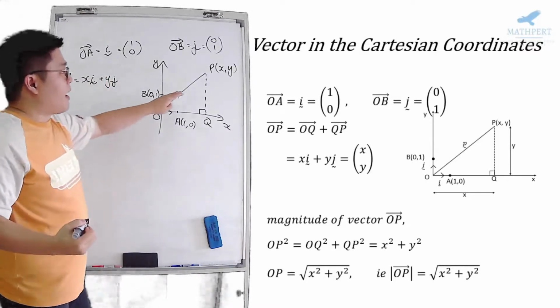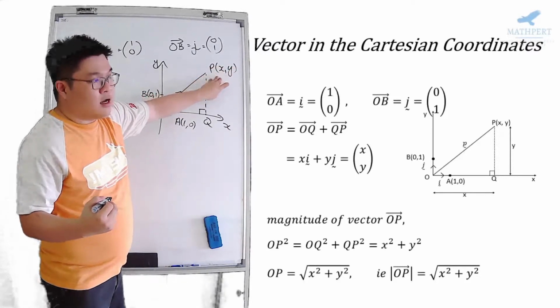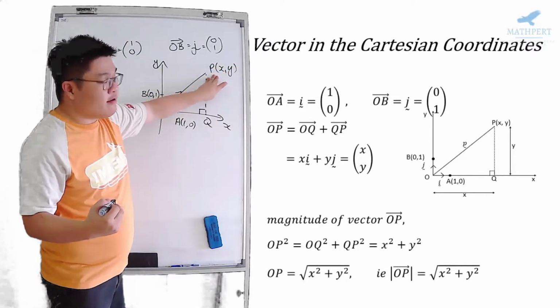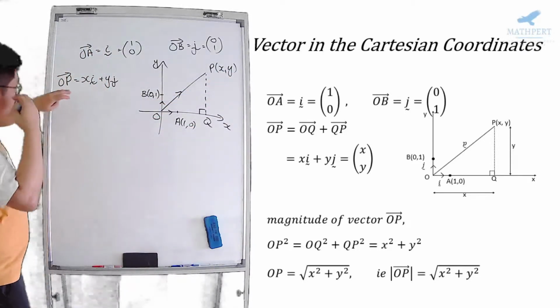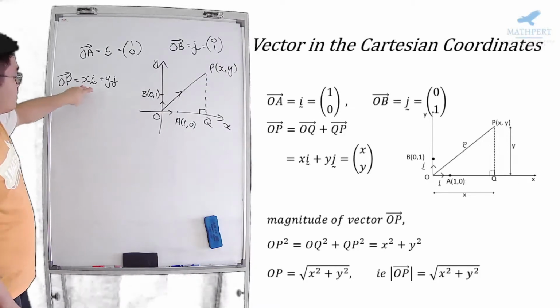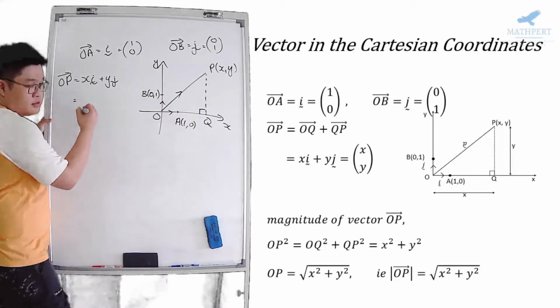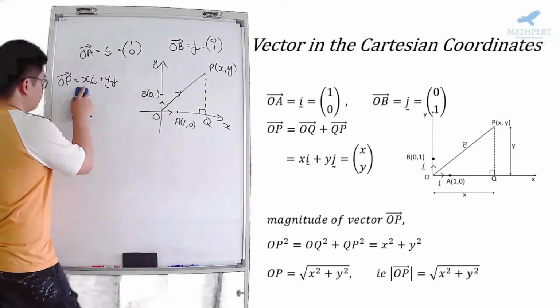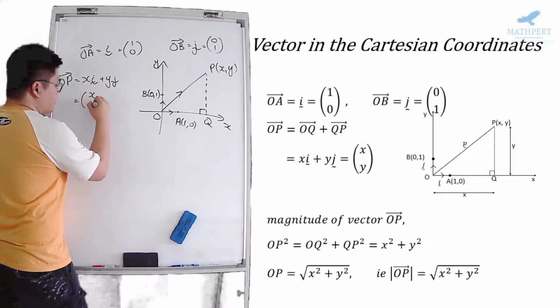Given by the diagram, the coordinate of P is x and y. Therefore P is xi plus yj, or in other words, in column vector we can write as x, y.